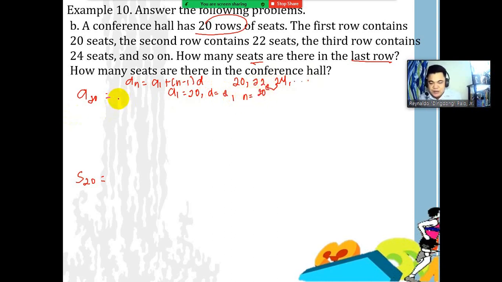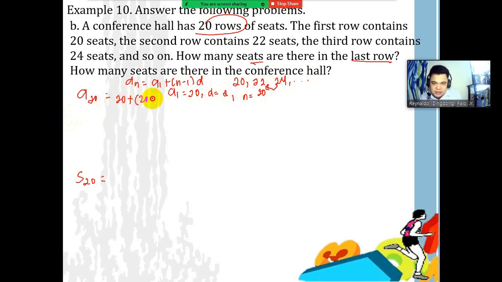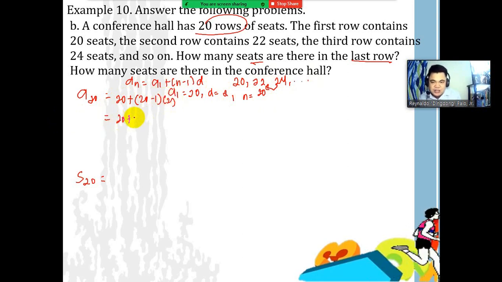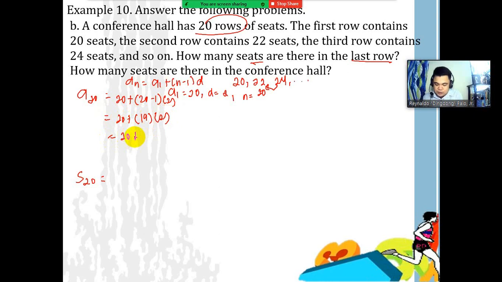Now, substitute the values. A sub 20 equals a sub 1, which is 20, plus n, which is 20, minus 1, times the common difference, which is 2. Then simplify: 20 plus 19 times 2. Then 19 times 2 is 38.